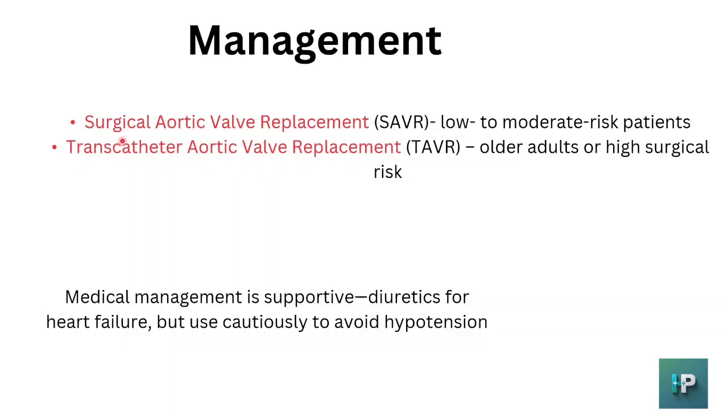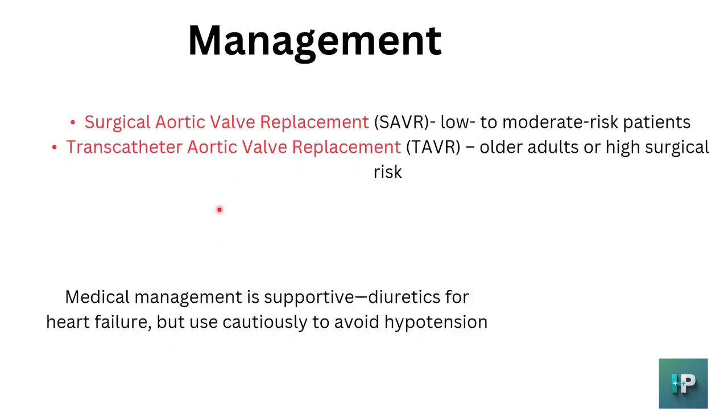Open, that is surgical aortic valve replacement, SAVR, is just for low and moderate risk patients, as the patient can cope with the general anesthesia procedures. But in case of older adults and high surgical risk patients, general anesthesia and surgery will be difficult.